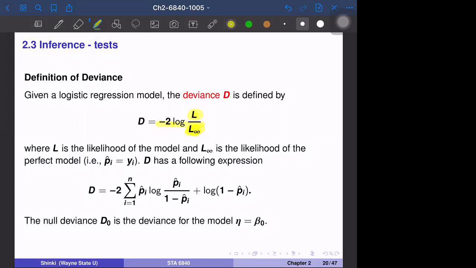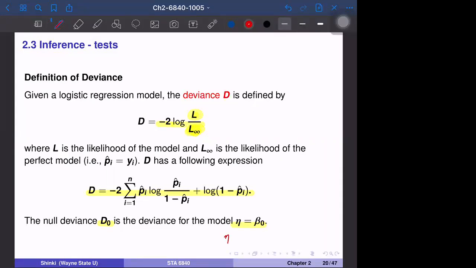And from the likelihood function of regression, D is equal to this quantity. Also we define the null deviance D naught. This is the deviance for the null model, so just eta is equal to beta naught. Remember that eta is the fitted value of the regression.